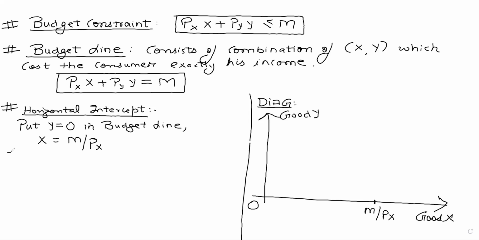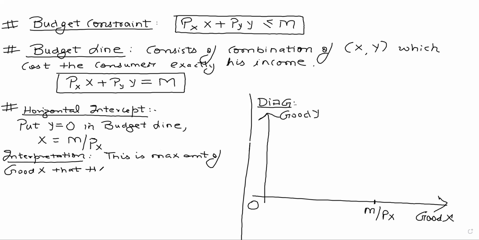How will I interpret this? So interpretation: this is the maximum amount of good x that the consumer can afford to consume given his income and prices.